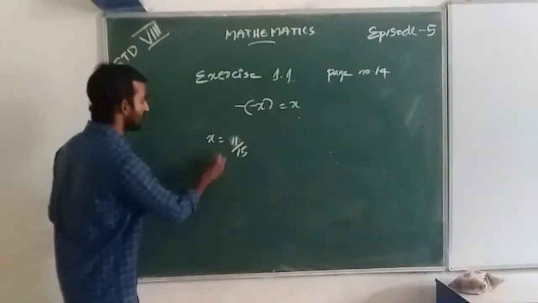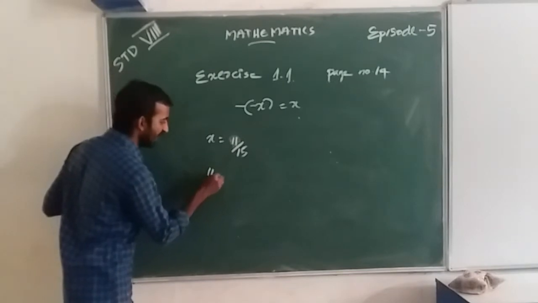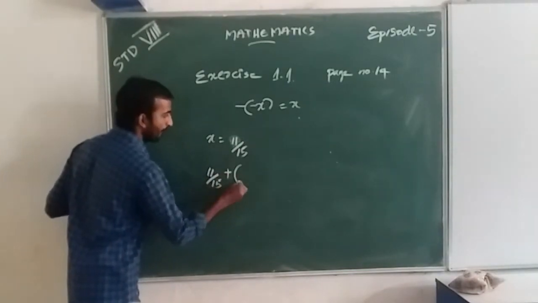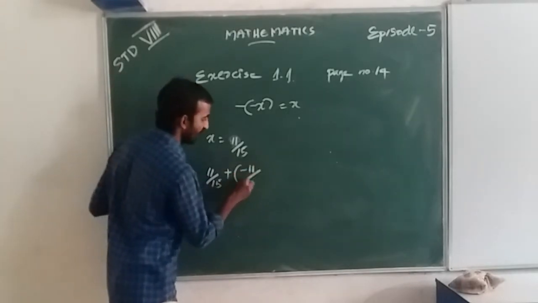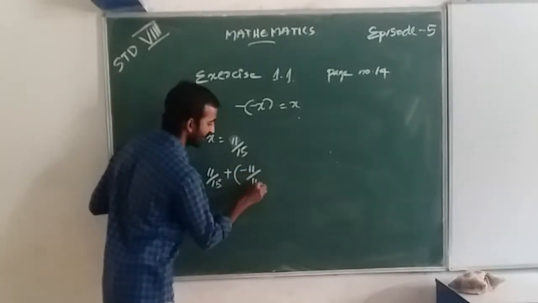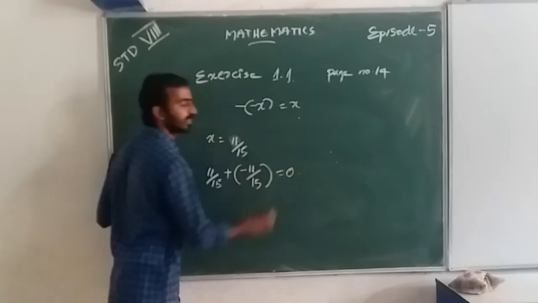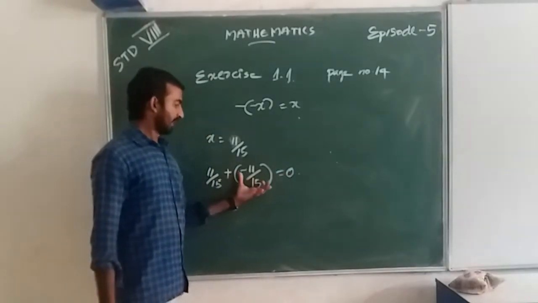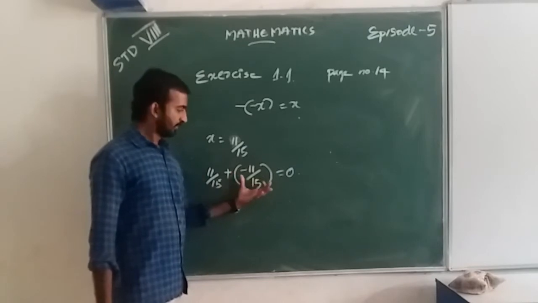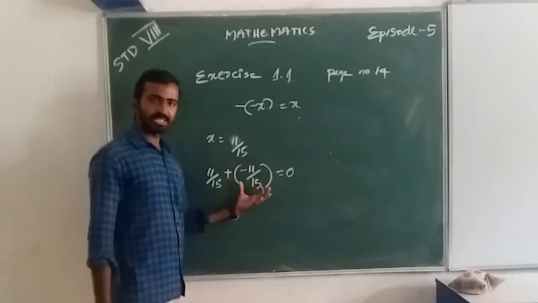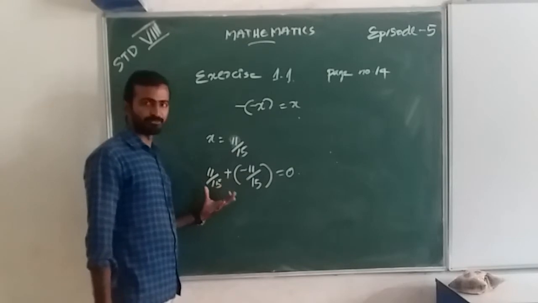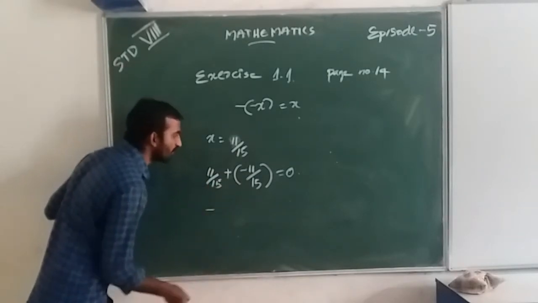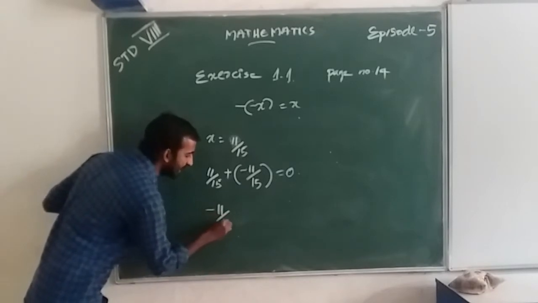When x equals 11 by 50, 11 by 50 plus minus 11 by 50 gives 0. Here minus 11 by 50 is the additive inverse of 11 by 50. So what is the additive inverse of minus 11 by 50?